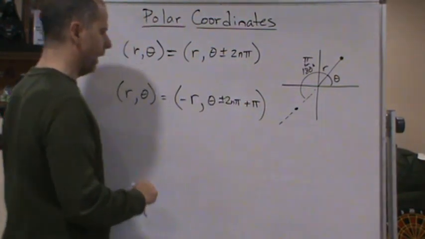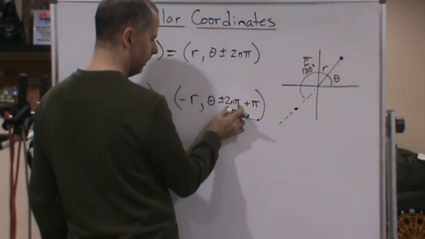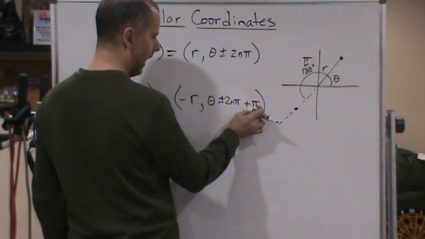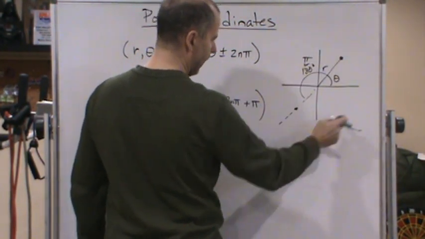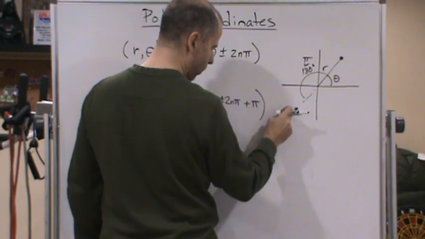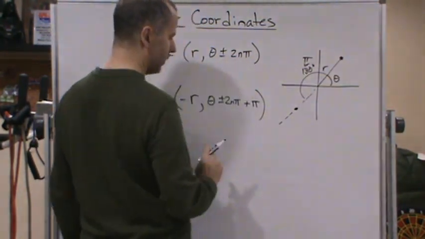As long as I take any multiple of 2 pi and then add another pi, so if I start here, I can go any multiple of 2 pi and then add one more pi and then take the negative, and that'll get me right back to where I started from.